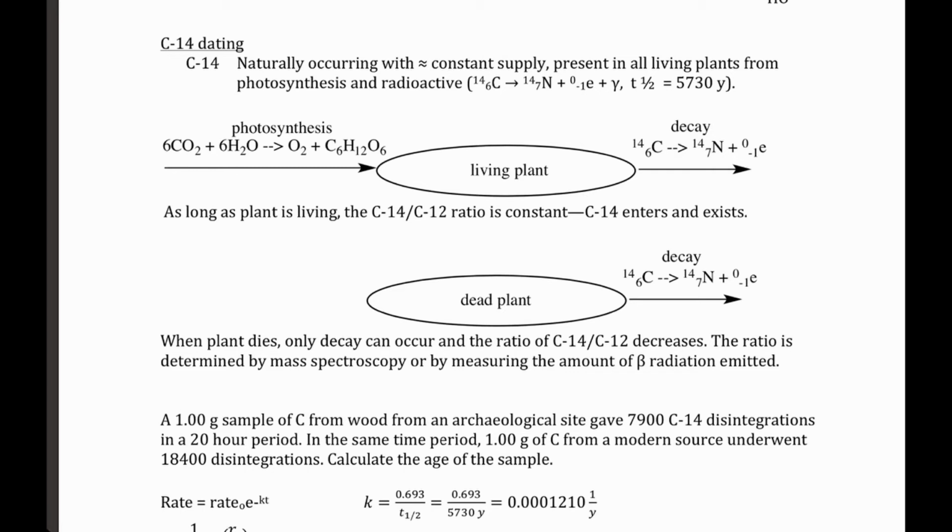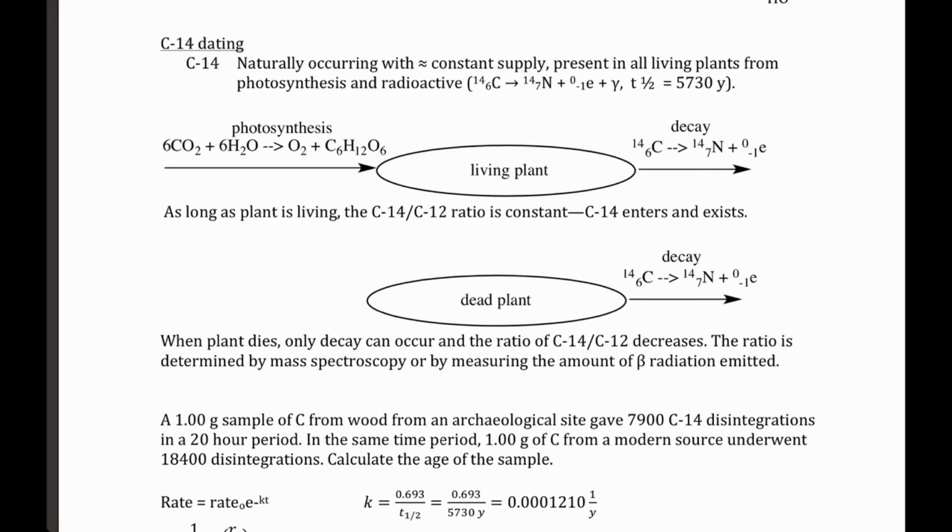So that's a way of getting carbon-14 in and carbon-12 in. Well, carbon-14 decays by the process shown there. So in a living plant, there's a steady amount of carbon-14 because carbon-14 enters, carbon-14 exits.